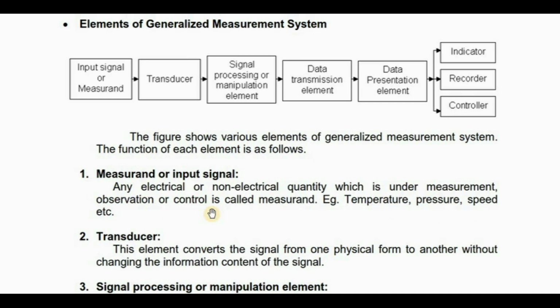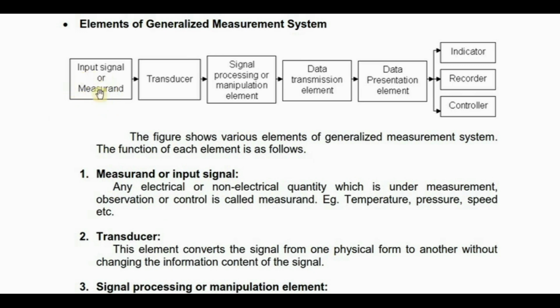Electrical quantities may be power, energy, voltage, current, etc. Non-electrical quantities are like acid, temperature, pressure, speed, etc. So any of these parameters which is unknown to us, which we are going to measure, is nothing but the measurand or input signal.